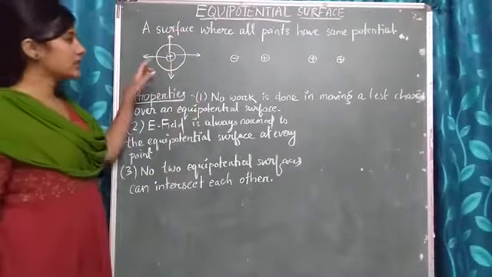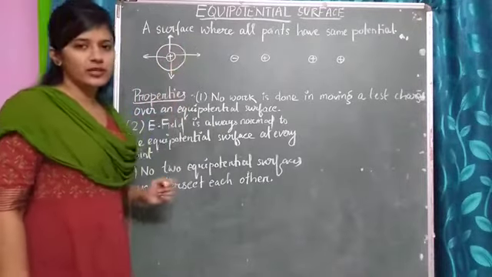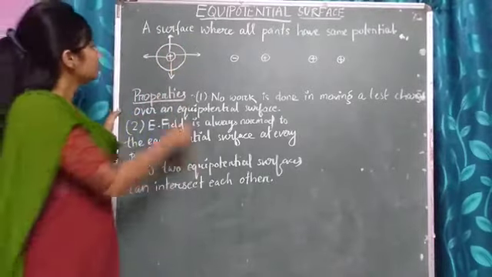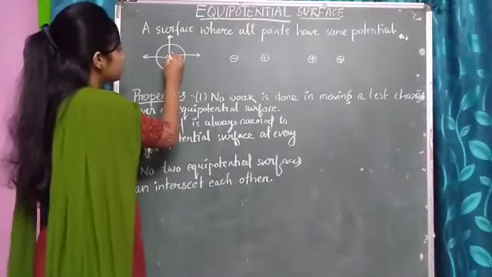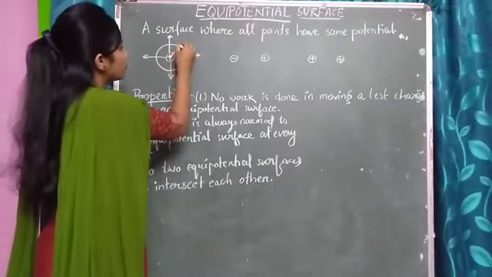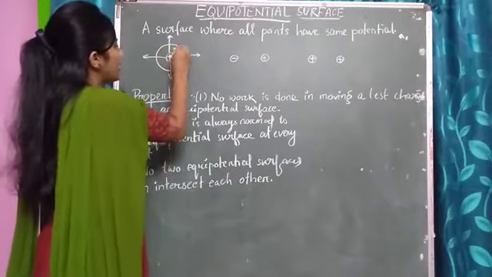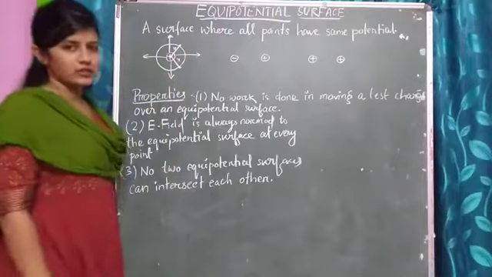Why is the concentric spherical surface an equipotential surface? If I take the distance from this point and from this point, they will be at the same distance.